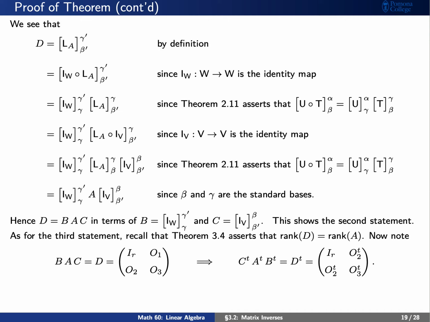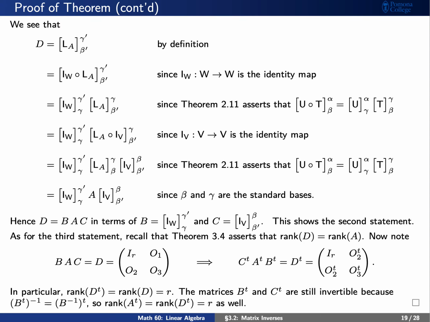So by simply counting, we see that the rank of D transpose is equal to the rank of D, which is the number of these non-zero entries, which is R. However, because the matrices B transpose and C transpose are also still invertible, we see that the rank of A, which is the rank of D, which is the rank of D transpose, must be equal to the rank of A transpose. This completes the proof of the theorem.